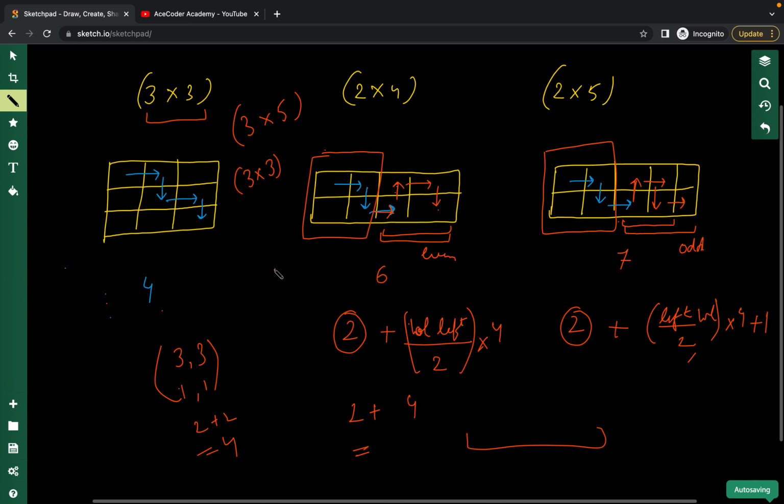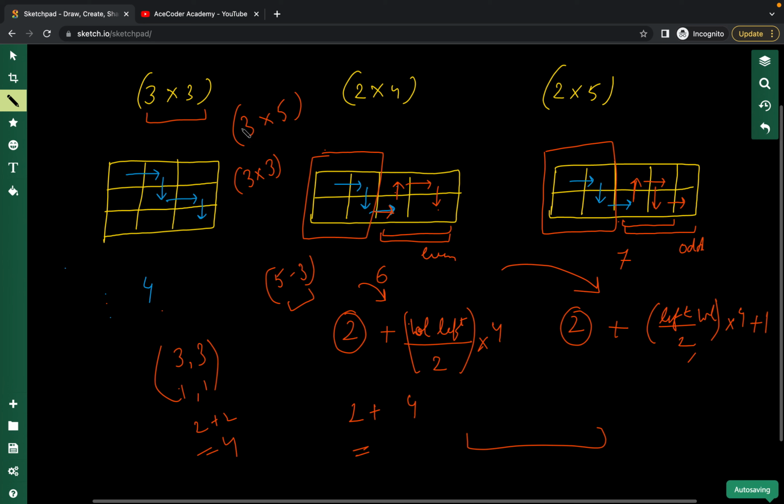And in case of max, then I will do 5 minus 3. So only 2 columns will be left with me so that I can easily calculate whether I should do this part or this part on these 2 columns that are left.